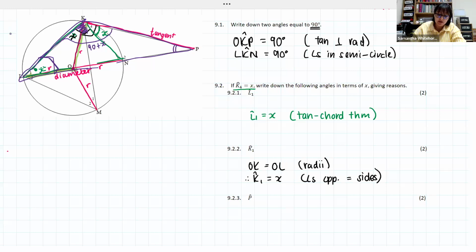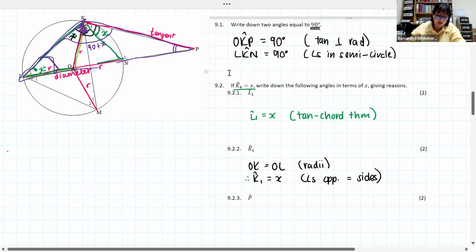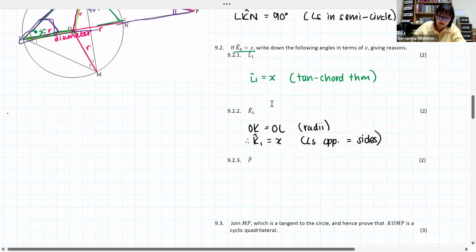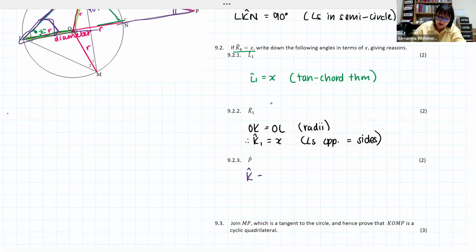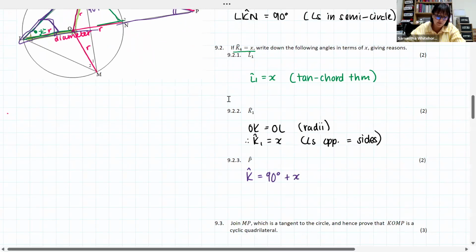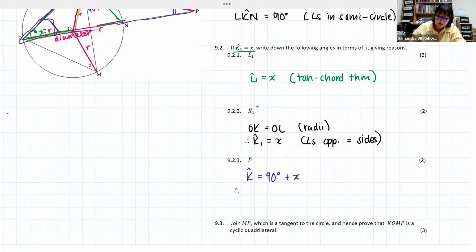So we could just use angles in a triangle to figure out what angle P is. So I'm just going to write this down. Angle K is equal to 90 plus X. We obviously don't need a reason for that. It just is. And so therefore angle P would be equal to 180 minus 90 plus X plus the other X at angle L1. And this is all because of sum of angles in a triangle.